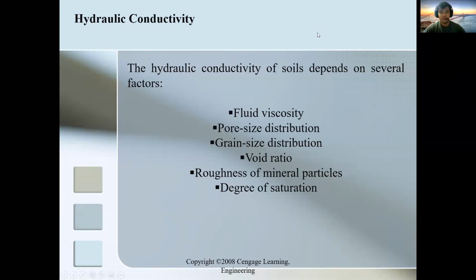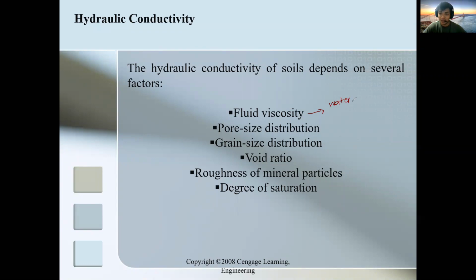As I discussed earlier, the hydraulic conductivity will depend on several factors. Fluid viscosity is the first one. Not all the time is the fluid flowing through your soil specimen water, di ba? Because we have different fluids disposed in our areas.